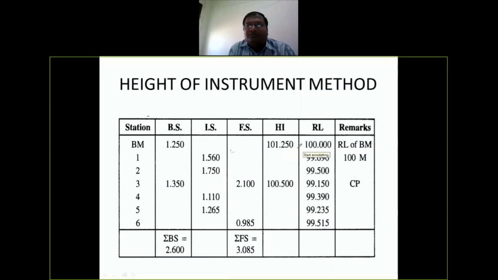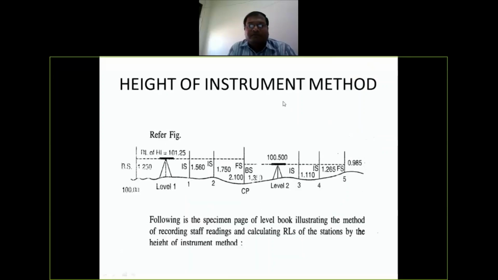Now IS value is taken. Your staff is held at a number of positions, at one position, second position, you can say your change point, then third position, fourth position, fifth position, and IS value is taken here 1.560, then here it is taken 1.750, then here foresight reading is taken 2.100.